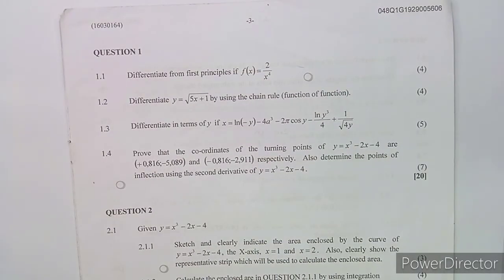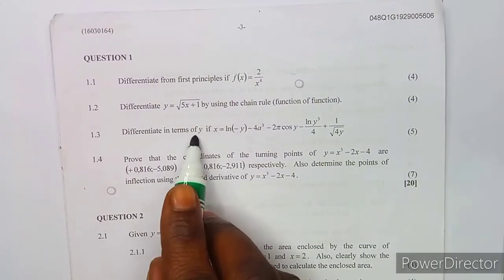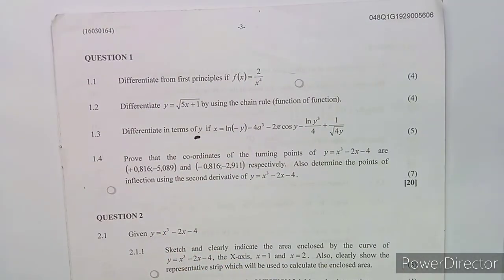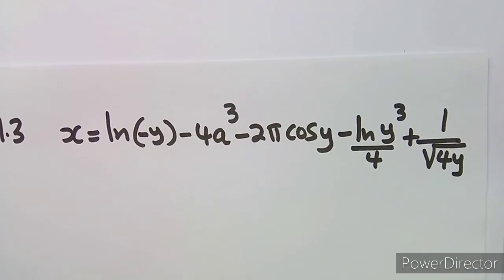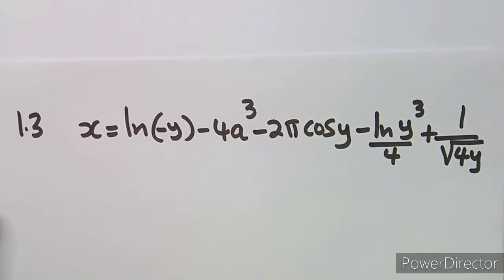Take note, guys, it's y in if x is equal to, differentiate in terms of y. Take note here, this expression is written in terms of y. Most of us are used to a condition where it is in terms of x.